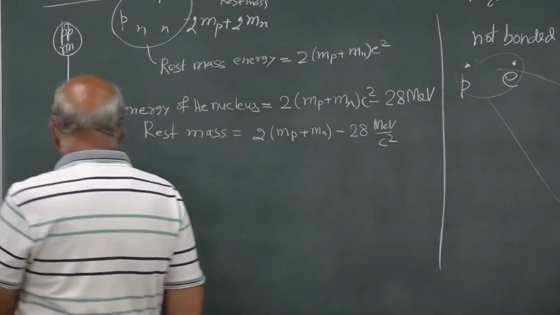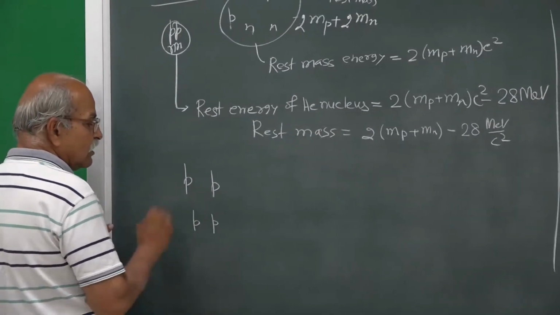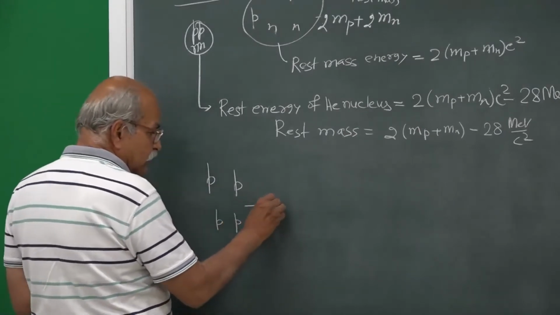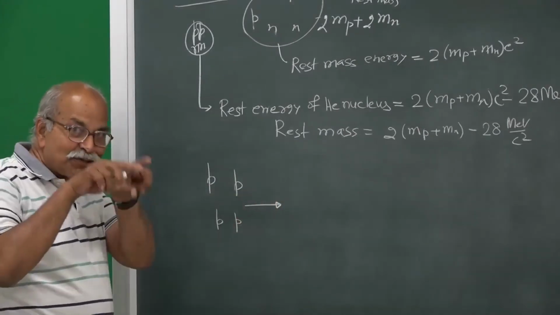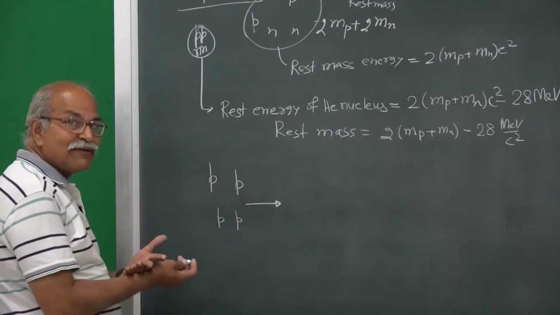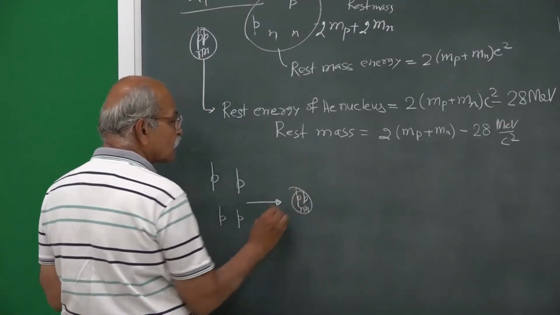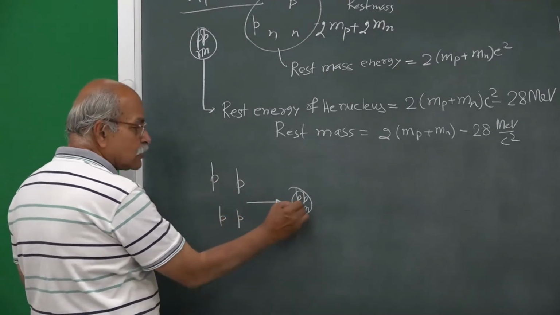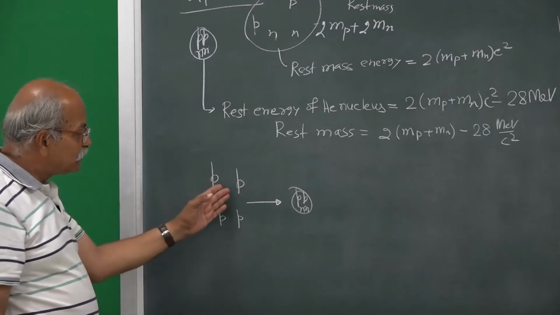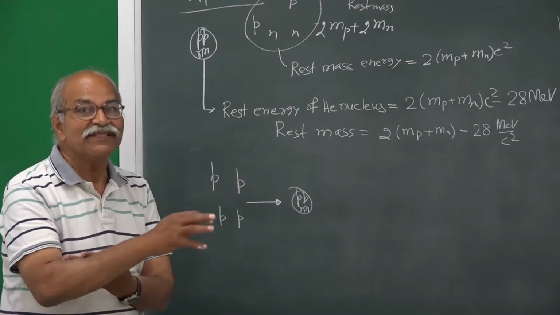If you have 4 protons separated from each other, and then 2 of them are converted into neutrons, and then they all combine to make a helium nucleus, this kind of nucleus, ppnn. Of course, from protons you have to make neutrons also, and protons and neutrons have slightly different rest masses.